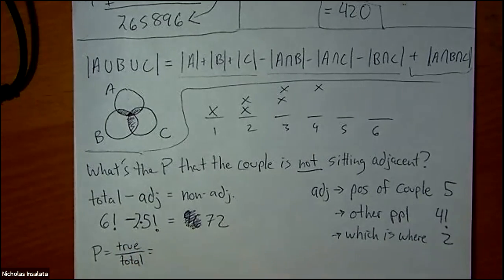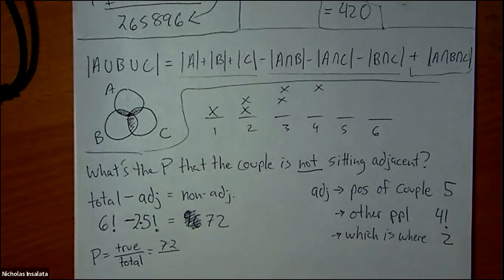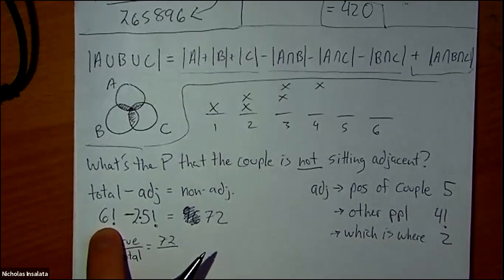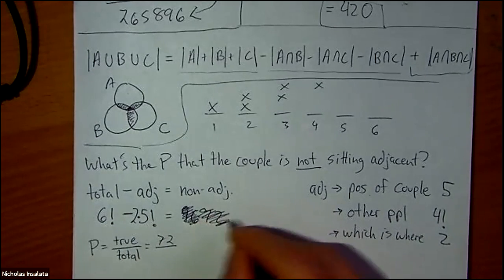Which in this case will be 72 divided by, oh, I totally did this wrong. I'm sorry, I screwed this all up. 6 factorial is 720, right? And 5 factorial is 120. So sorry, one more try here.